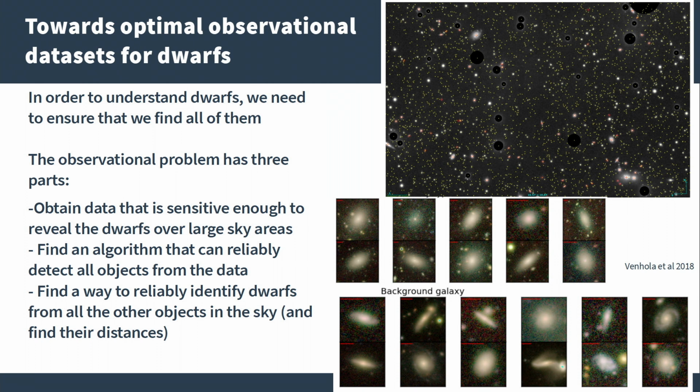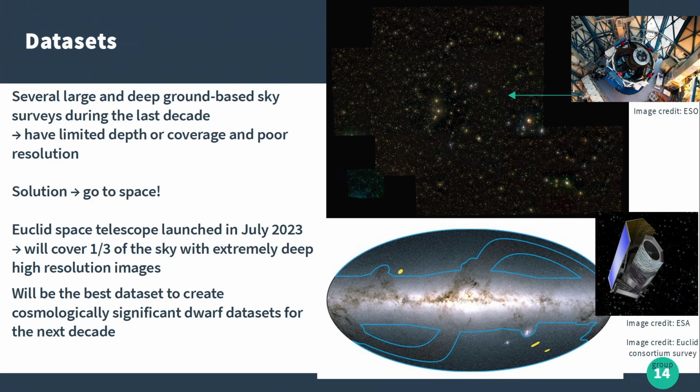I've been working for, let's say, the last 5-6 years on these three parts of this problem, and I've been producing several galaxy catalogs, but I want to make a short summary of the different steps before I end my presentation. So, about the datasets.